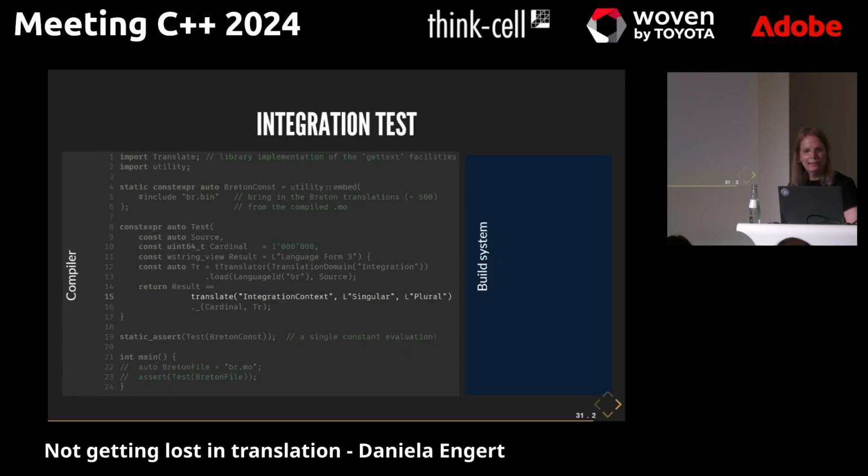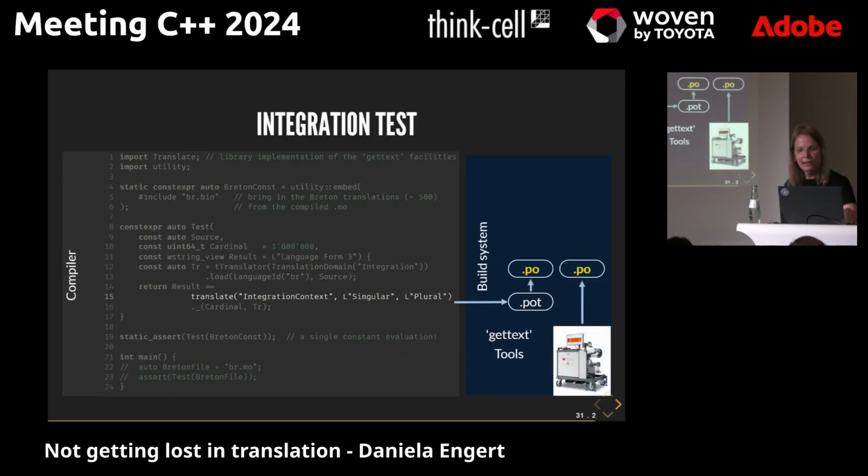3 strings that I want to be the input of the translation. This is marked as translatable. These tools mentioned before extract these 3 strings as a particular translation and compile them into POs. And to make things a little bit more complicated, I was putting all of the strings that I have in this machine that are marked as translatable also as PO.